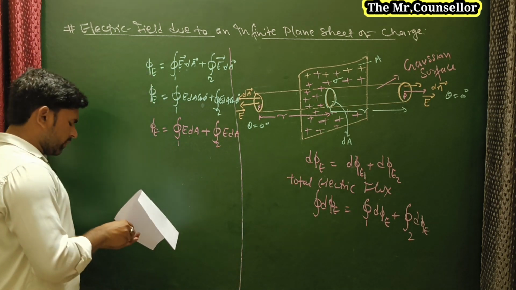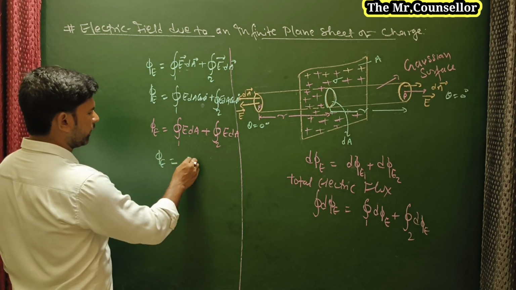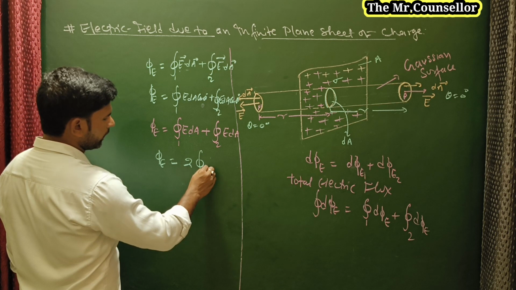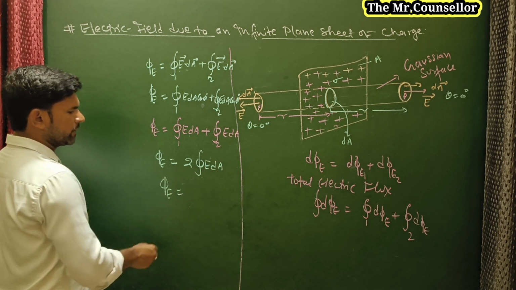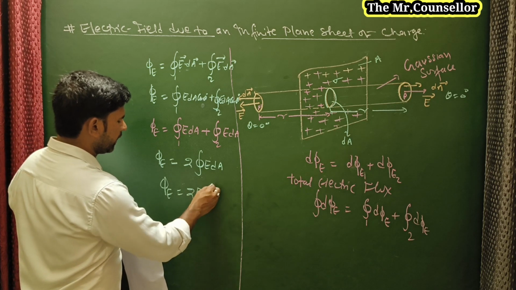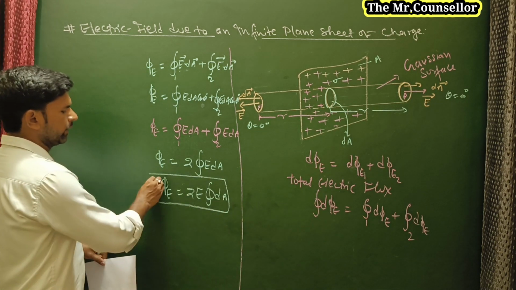So if both are the same, we can write phi e is equal to 2 times the closed integral of E dA. So phi e is equal to 2E times the closed integral of the area element dA. Yes or no?